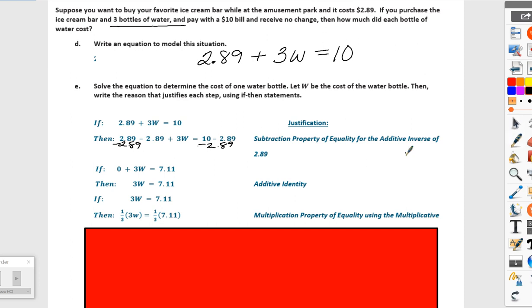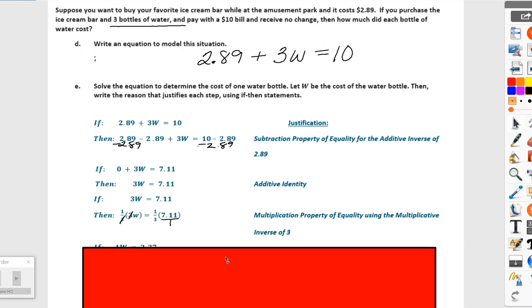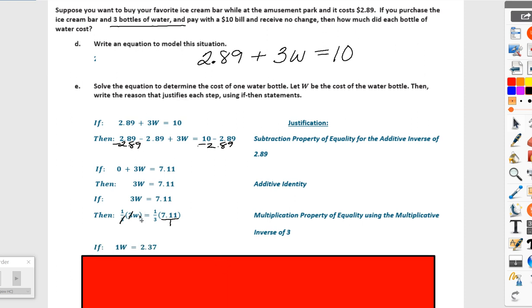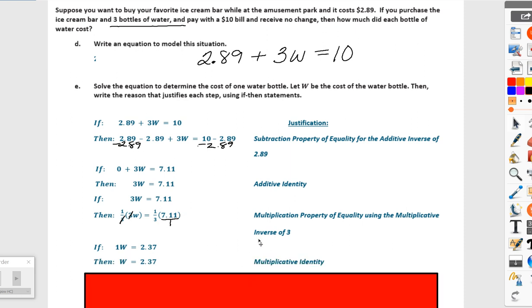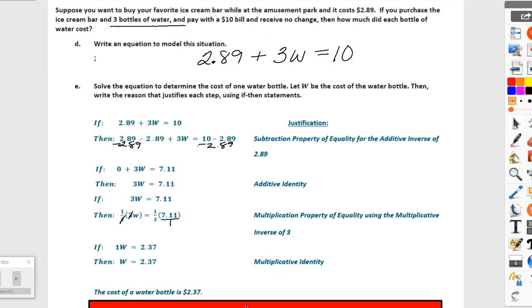Notice that multiplying by a third, our 3's would cancel, leaving me just a W. On this side, nothing cancels, and remember that 7.11 is actually over 1. So you would really multiply across and divide by 3. So as we do that, we have just the W on the left, and 7.11 divided by 3 is 2.37. So therefore, W, each water, is $2.37.